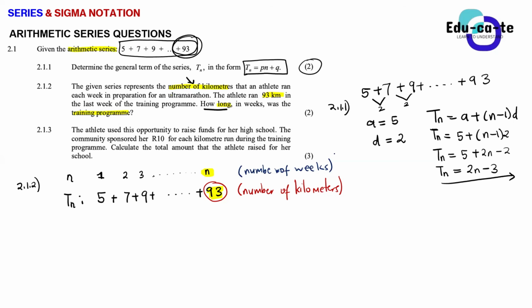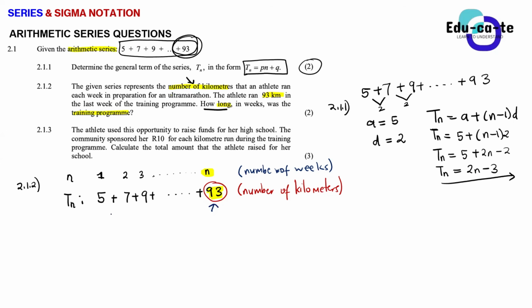Okay, so here, to find n, you already know that the general formula is Tn equals 2n minus 3. So you can just say, where there is Tn, you're going to put 93, which is the number of kilometers that was run last week. It was 93 kilometers last week.